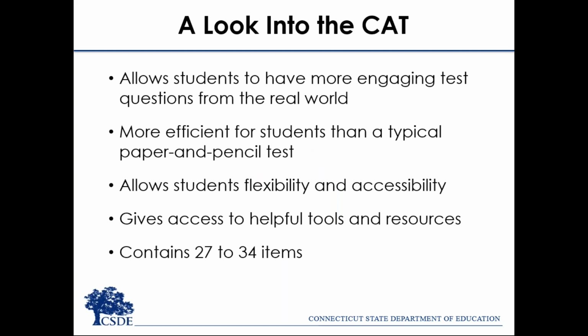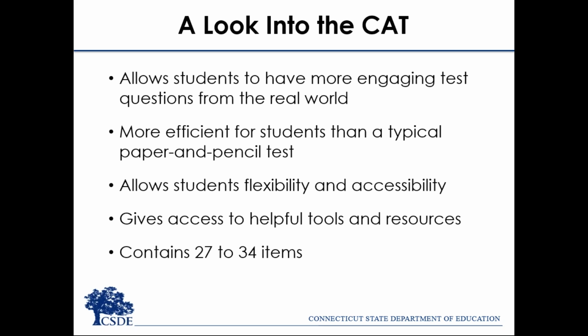The CAT portion of the test is the adaptive feature of the Smarter Balanced Assessment. It allows students to have more engaging questions from the real world. Because this is taken on a computer, it's more efficient for students than the typical paper and pencil test. And it also allows more flexibility and accessibility.